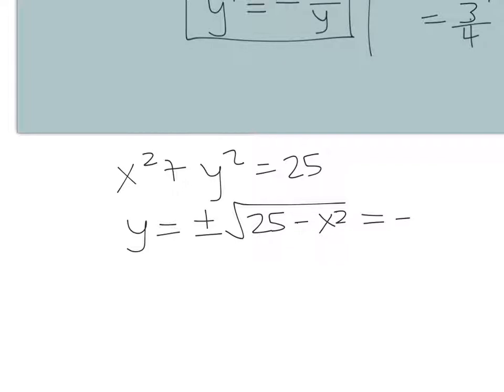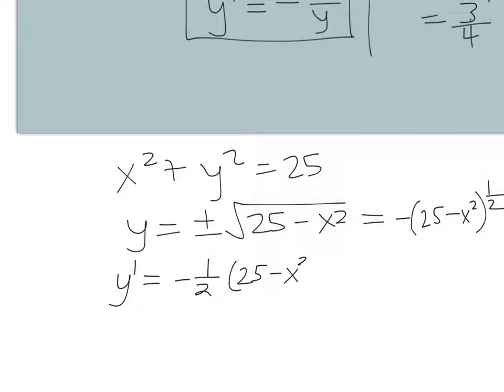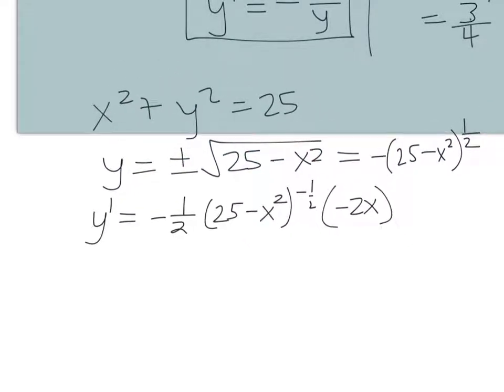So if I look at negative 25 minus x squared to the power of a half, and do y prime with that, I get negative a half, 25 minus x squared to the negative a half, times negative 2x, and that's kind of ugly, but I can deal with it. So this would cancel off with this.